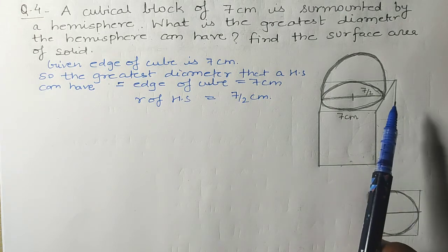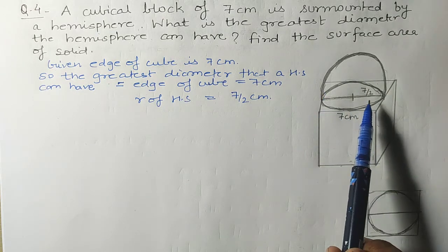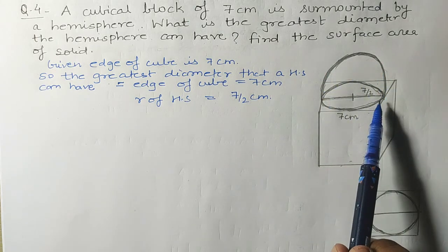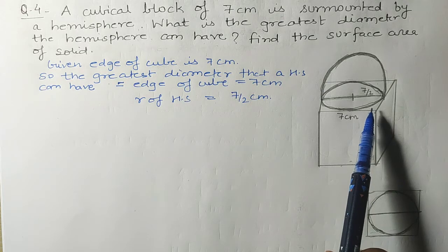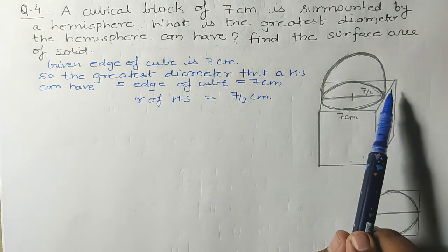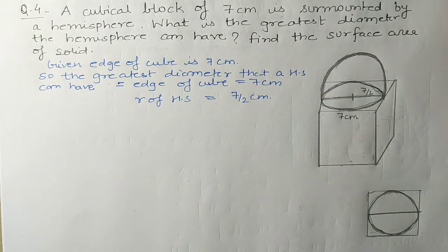But on one surface, on the top of this cube, a hemisphere is put on. So basically one surface of this cube is disturbed. Why disturbed? Because a hemisphere is put on this. So how do we calculate then?